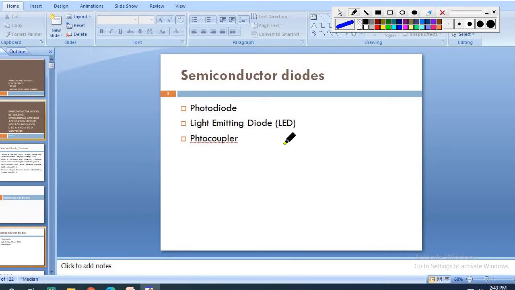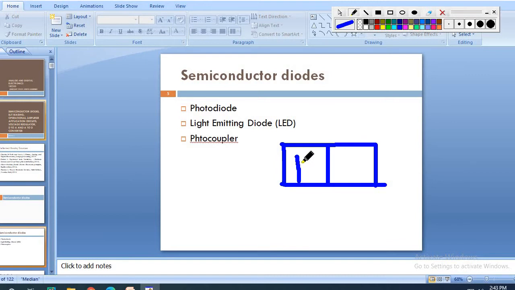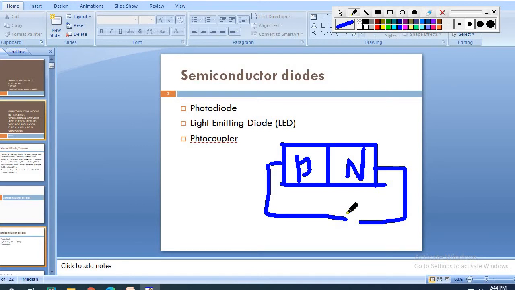Same thing. When I apply a reverse voltage, see here there is a polarity difference.